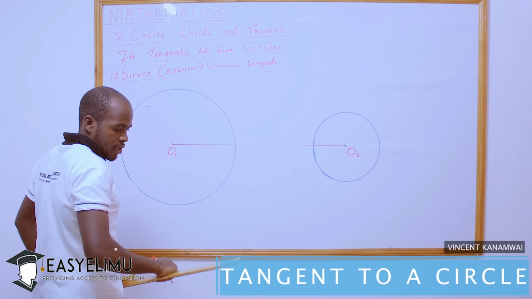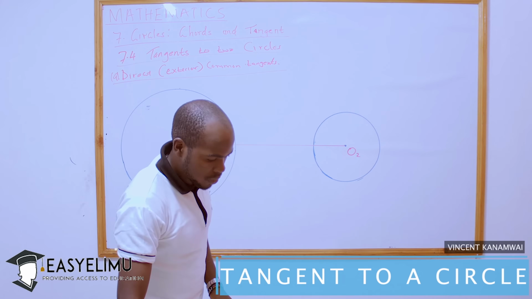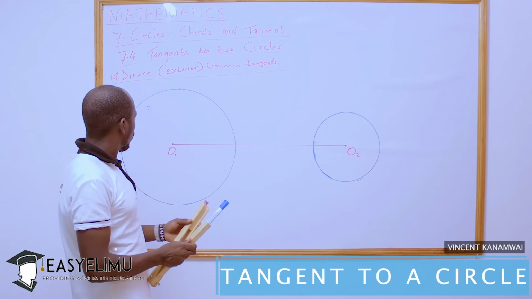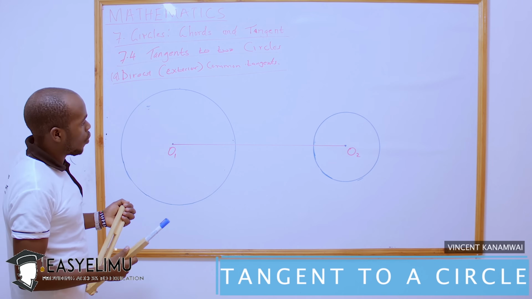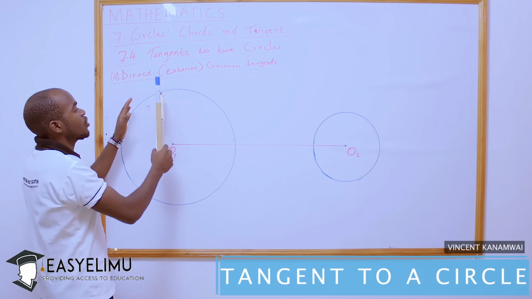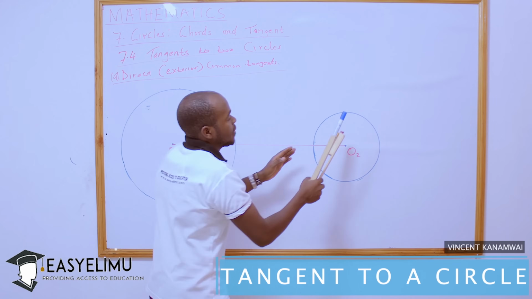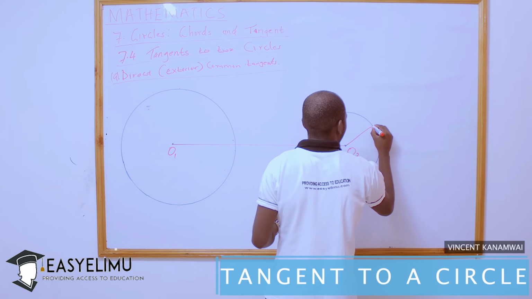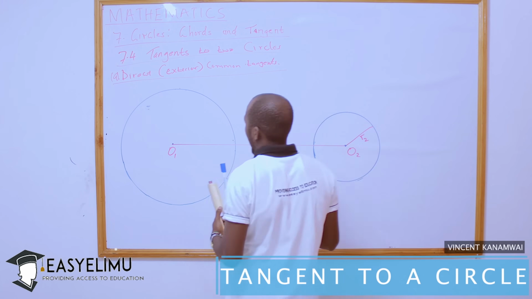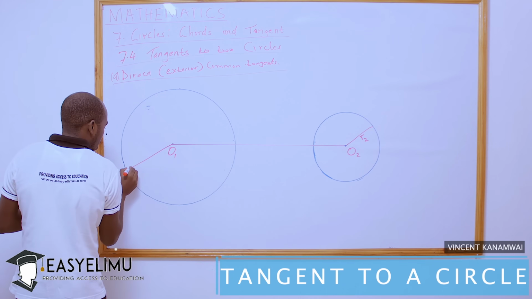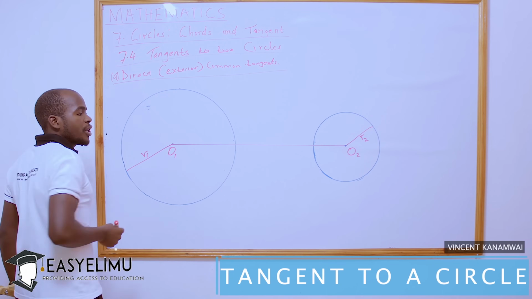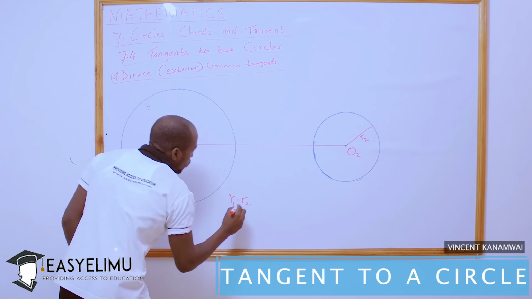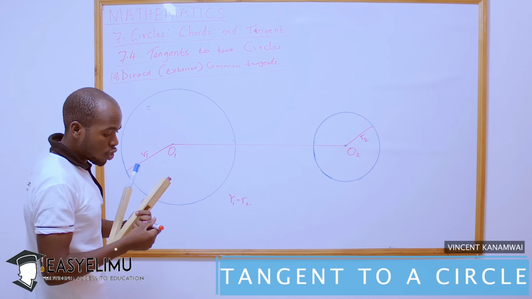After joining the two, with the center O1, we are going to construct a circle whose radius is the radius of the larger one minus the smaller one. If this one is of radius R2 and this one is of radius R1, then the circle which we need to construct should be R1 minus R2. That's the circle I want to construct.